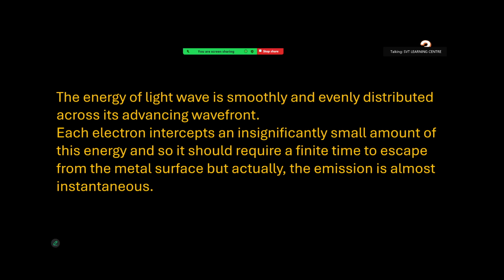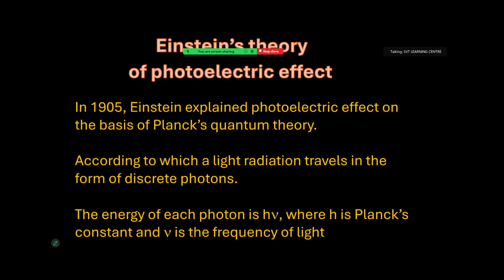So here what happens, when an electron meets light, it will slowly absorb the energy as the light goes on falling on it, and when it has acquired the amount of energy needed for it to come out of the metal, it will come out. So it won't be an instantaneous process as we saw in the case of photoelectric effect.